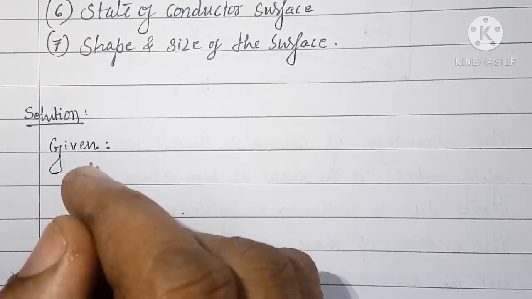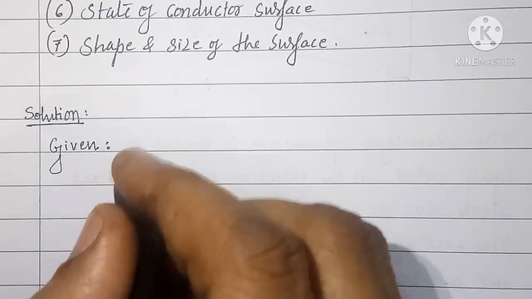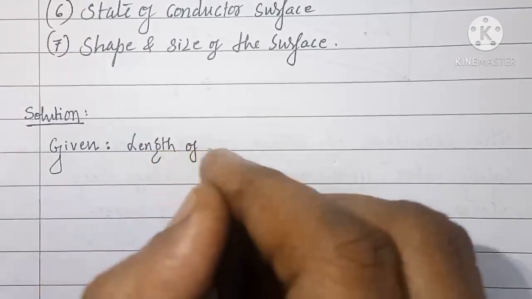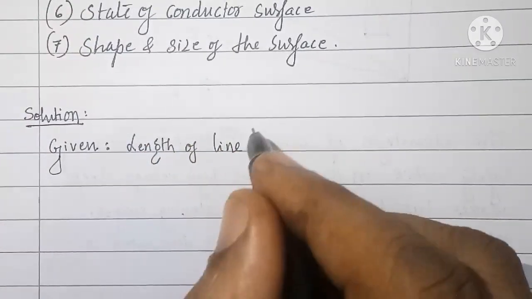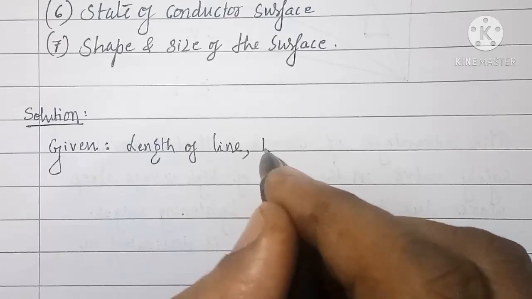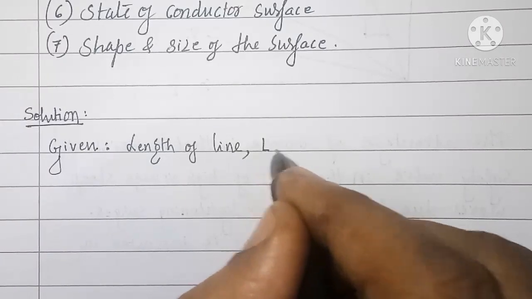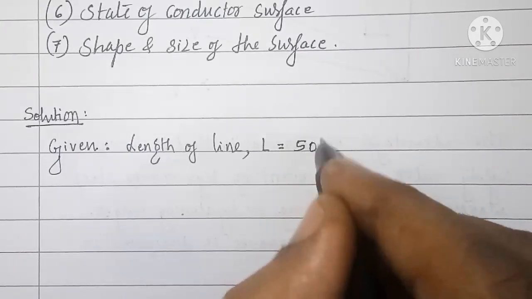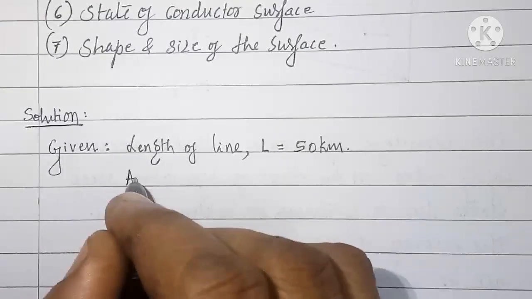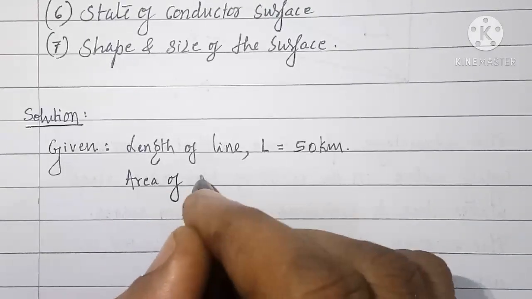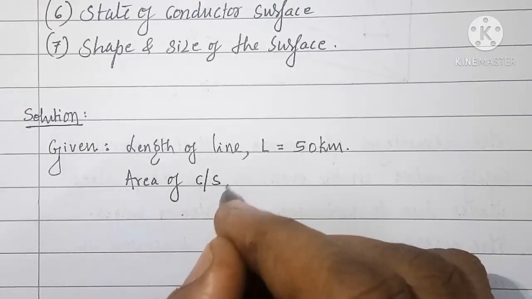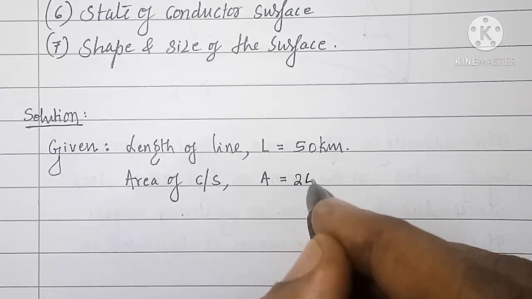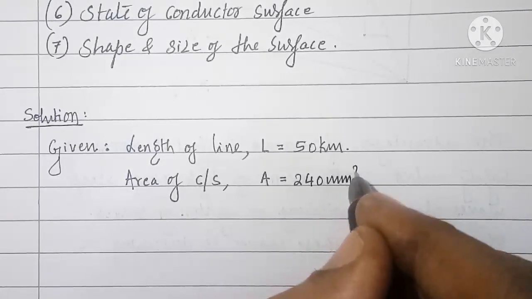First we will write the given quantities. Length of line, L, is equal to 50 kilometer. Area of cross section of conductor, capital A, equal to 240 mm square.